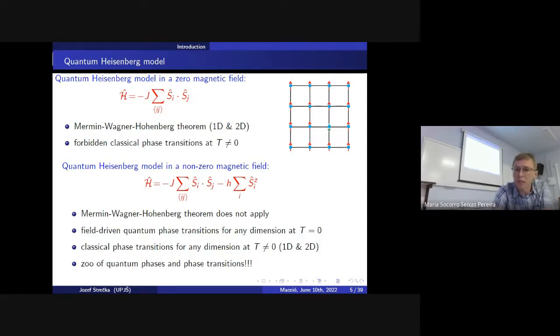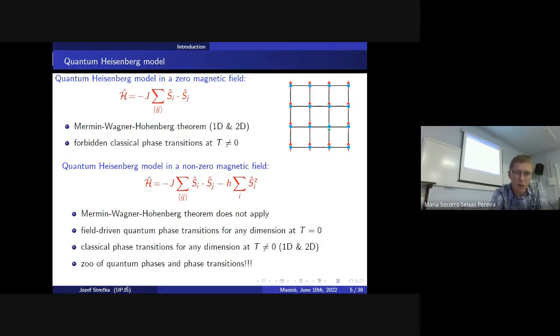So one would say that it is quite boring from that point of view, and one would need to consider the three-dimensional Heisenberg model in order to study phase transition. On the other hand, if we apply a non-zero external field, the Mermin-Wagner theorem doesn't apply. And this kind of model can have very rich phase transitions.